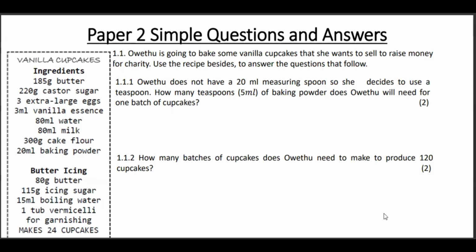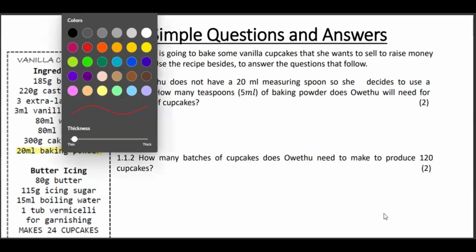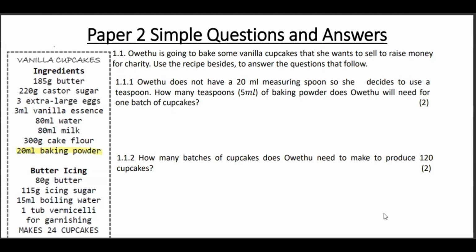For one bunch, now baking powder, we come here. Indeed we need 20 mils. But the 20 mils are going to be measured using teaspoons.